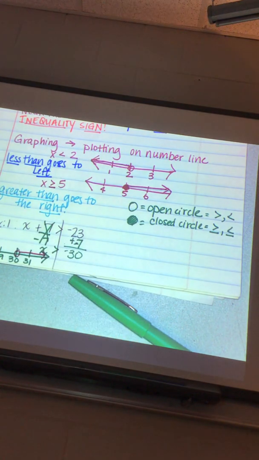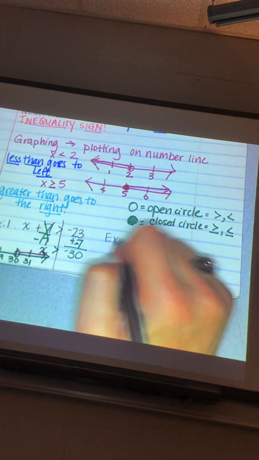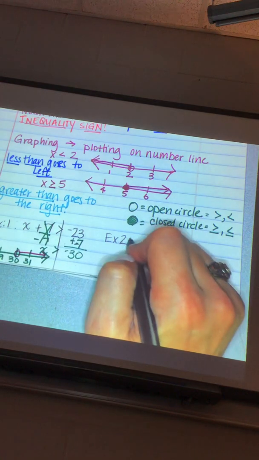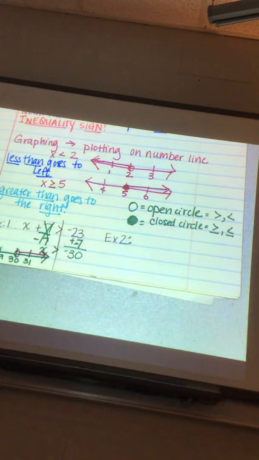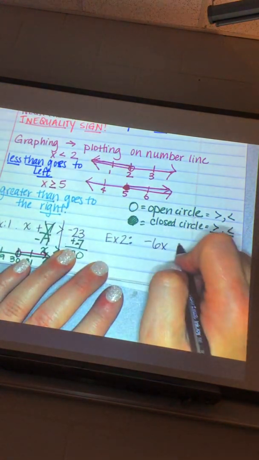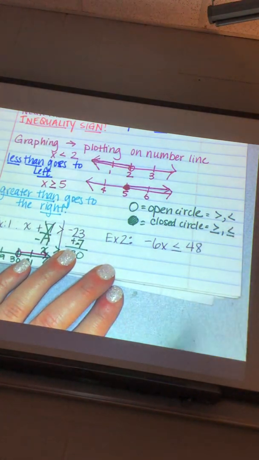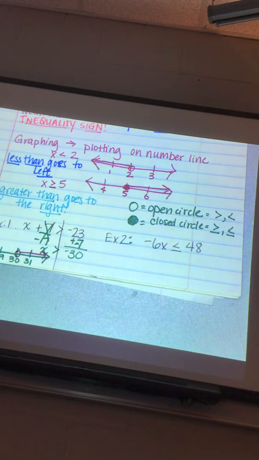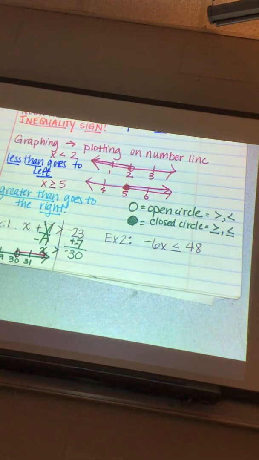Let's do another example. Example 2. Okay. Negative 6x is less than or equal to 48. So we got to solve for this x. This is just a one-step inequality. So we got to get the negative 6 off the x.